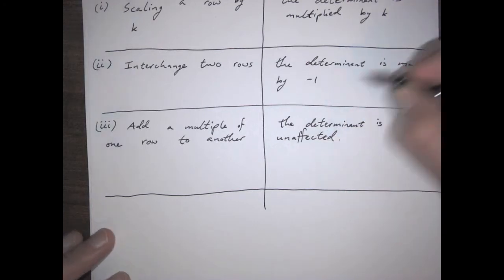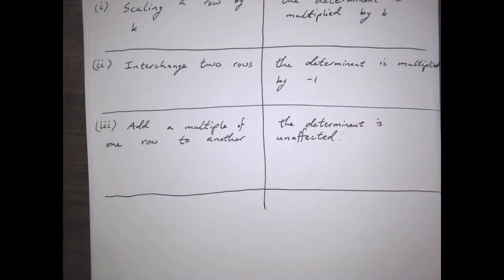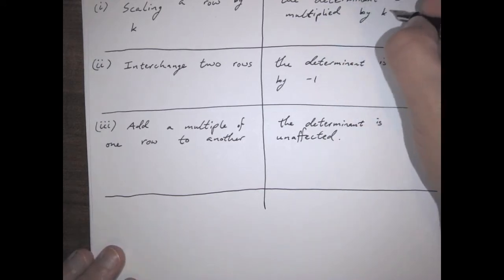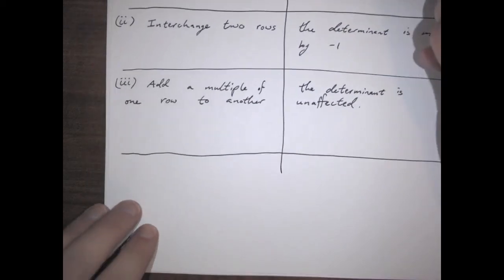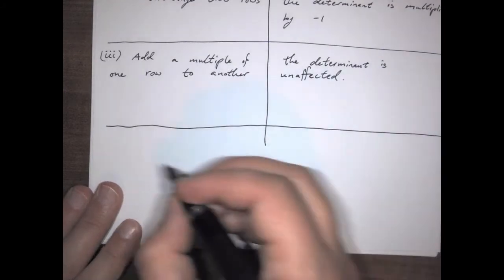Not changing it at all, obviously, but multiplying it by -1 also won't change a non-zero determinant to zero. And furthermore, if the determinant is multiplied by a non-zero scalar like k, that will never turn a non-zero determinant to a zero determinant.